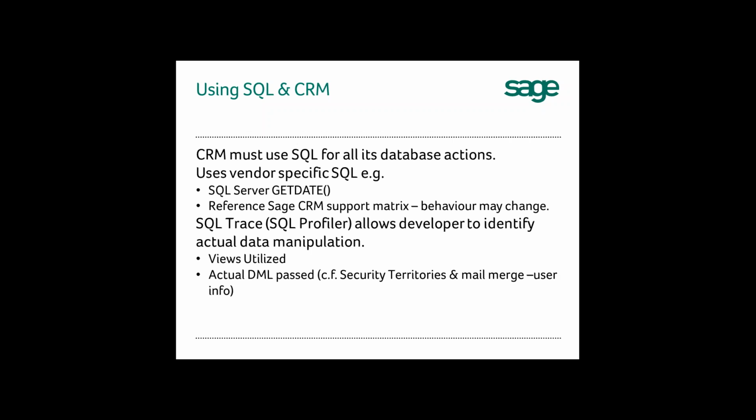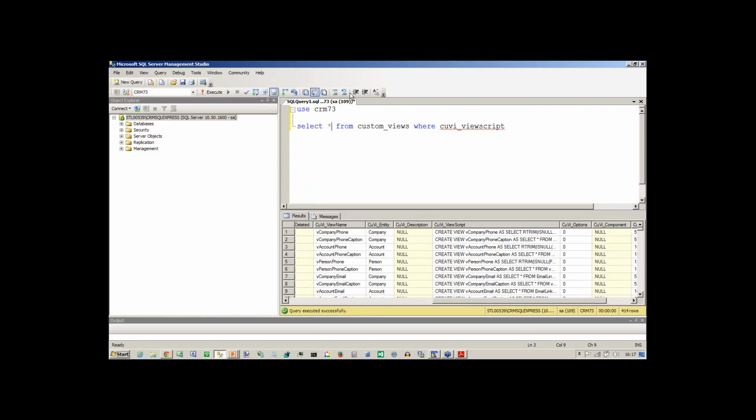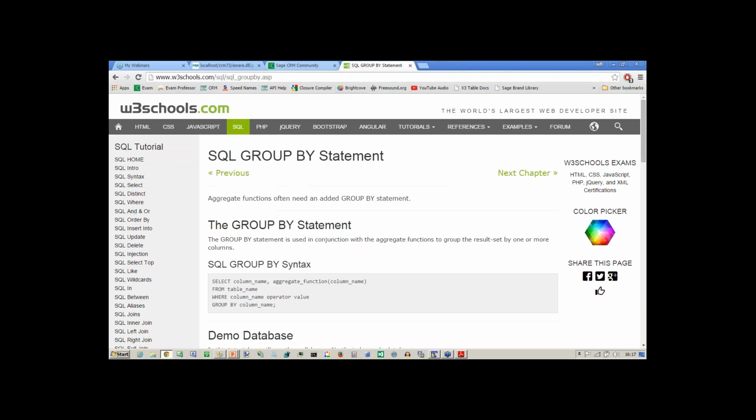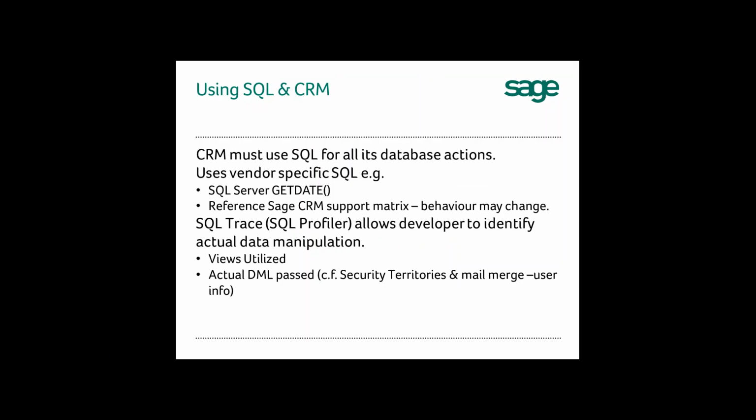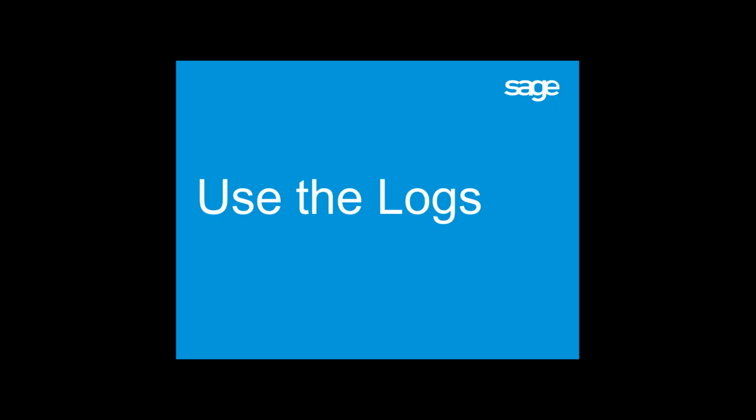Now, one of the things that we can do is either use the tools here inside the database to trace the actual database queries that are happening, or we can log on into CRM and make sure that we use logging. So you can see I'm just logging on into CRM, and while that's starting up, I'll step on to the next slide.